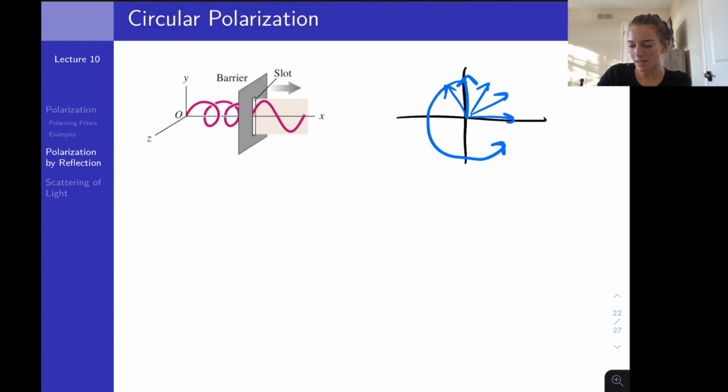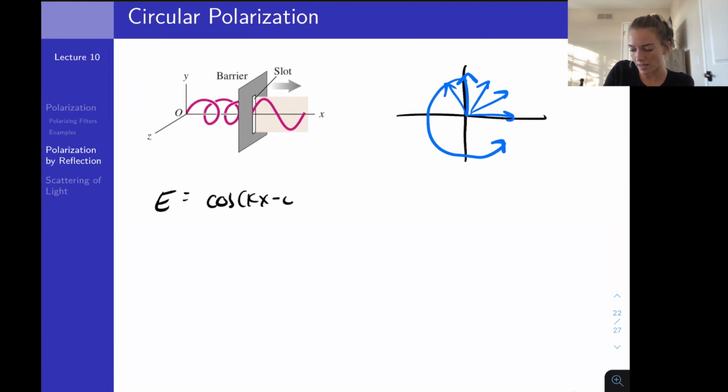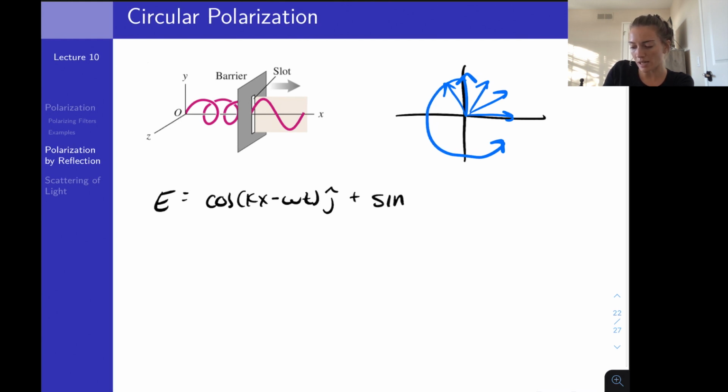You could see it written where the electric field is cosine(kx minus omega t) in the j hat plus sine(kx minus omega t) in the i hat. And this will just trace out a circle in the i hat and j hat direction.